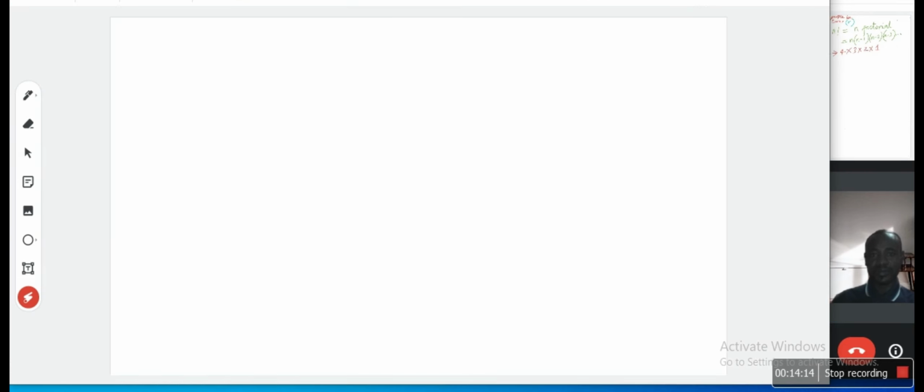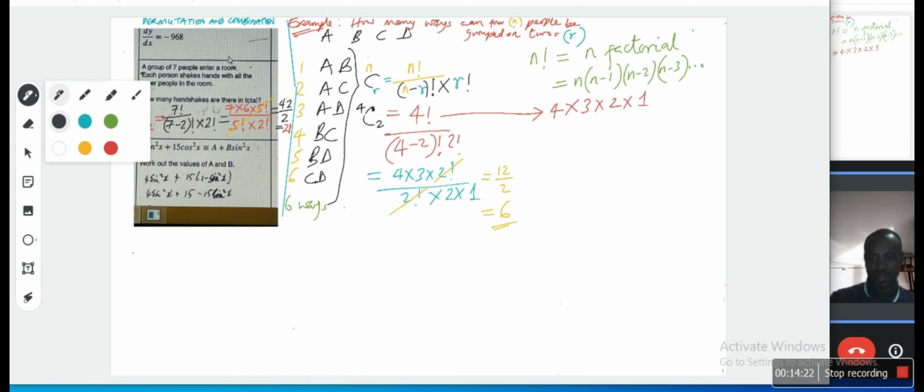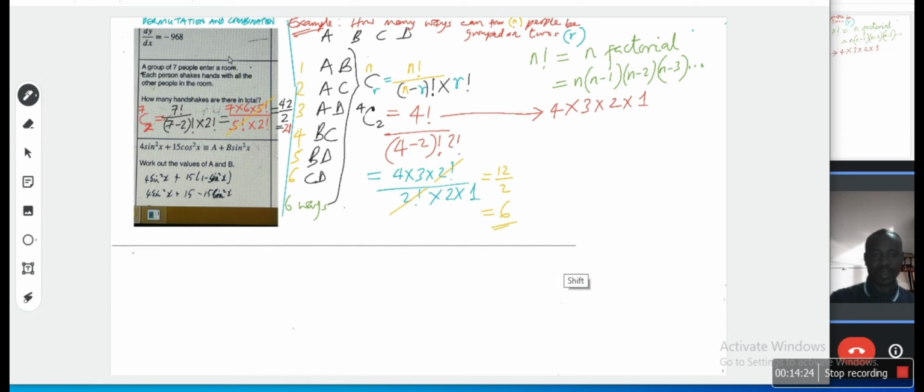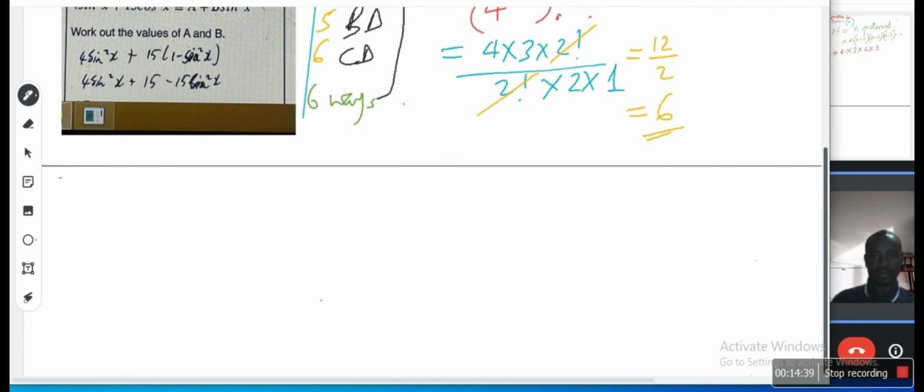Oh, we still have a space down. So we can explain what I'm thinking about here. If we need to rearrange this, when the arrangement is important.